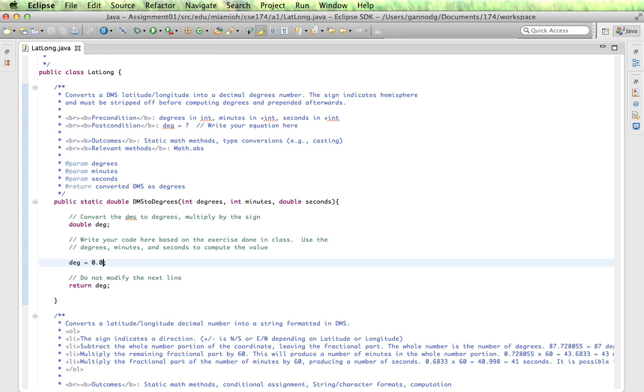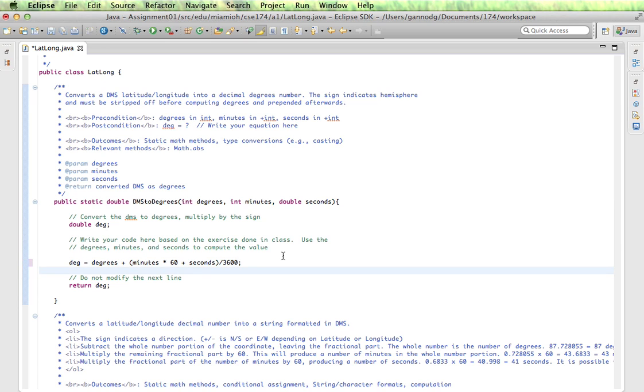So for this particular function, what we want to do is take this representation, write this as code, and essentially the solution here is that we want to add degrees to this quantity of minutes times 60 plus seconds, and divide that by 3600.